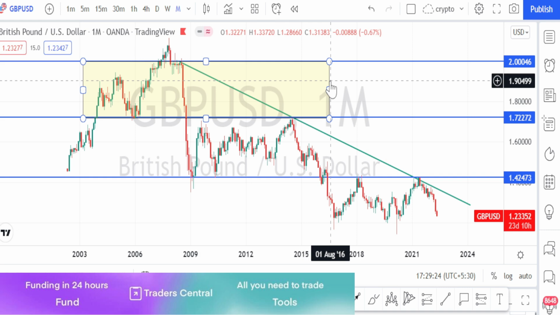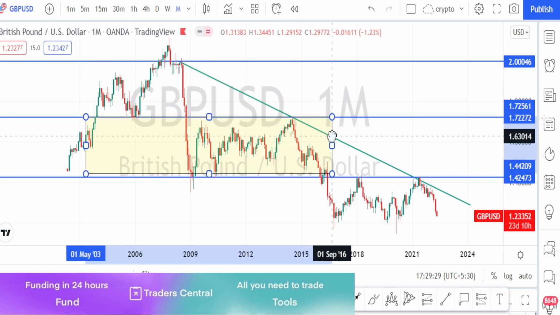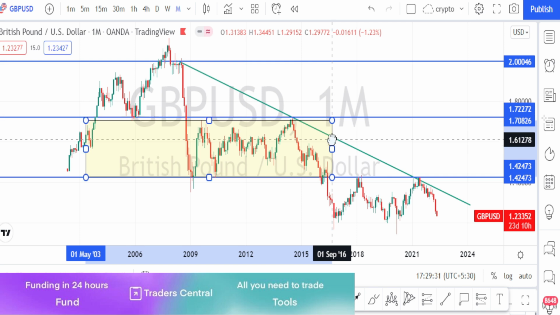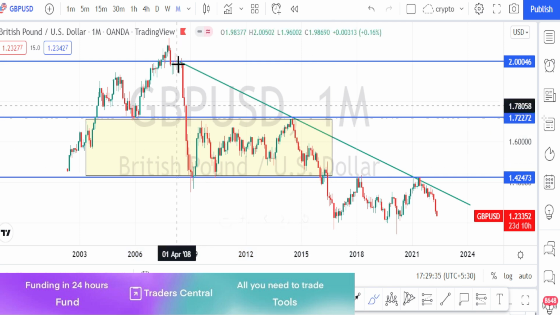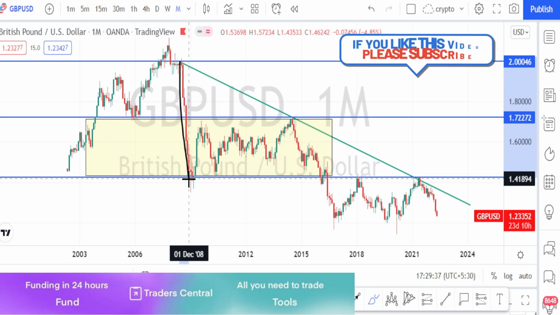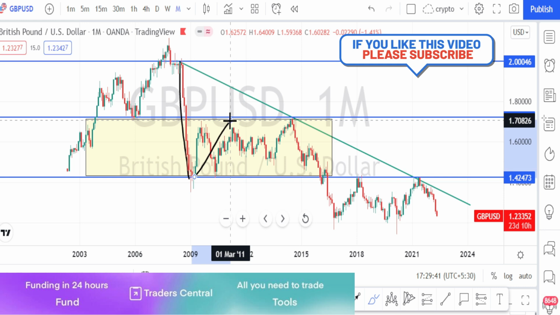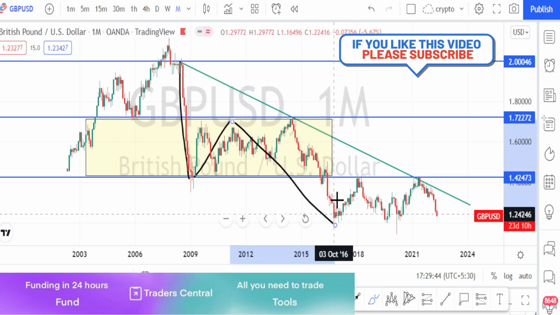And when I try to move this rectangle pattern and measure the next level where it started its bullish trend reversal, it is very clear that from here it retraced 100%, then it retraced 50%, then it started its bearish trend reversal.